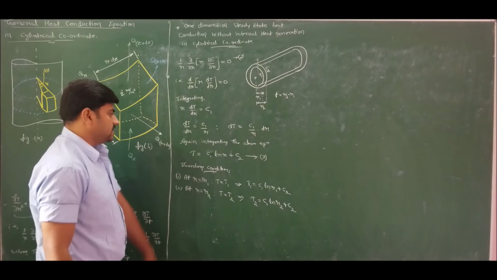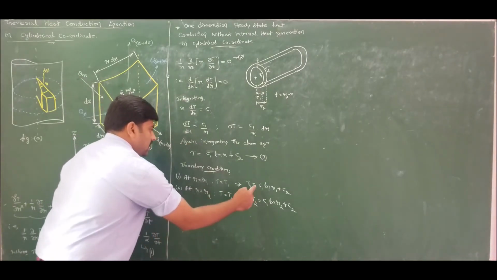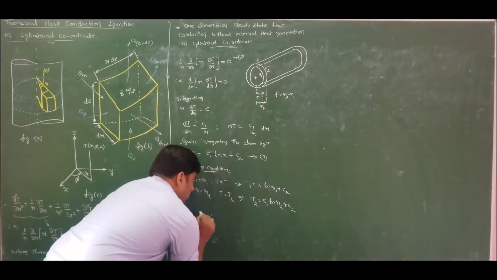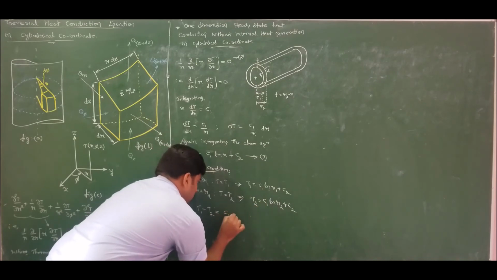So now if I take the difference, I can solve. So therefore if I take the difference, I will get T1 minus T2. Solving these two equations, I will get T1 minus T2 as C1 taken as common.